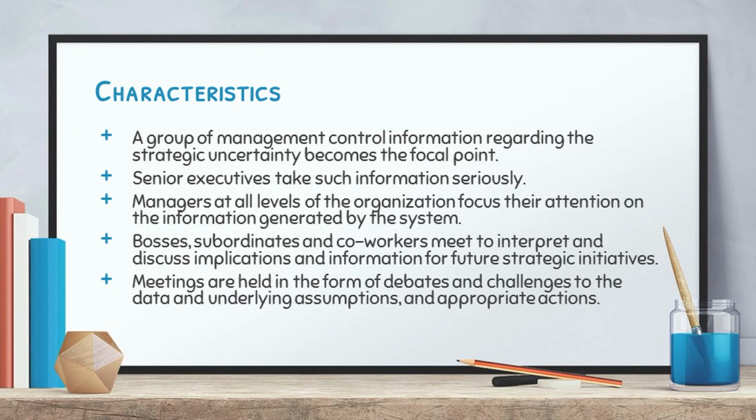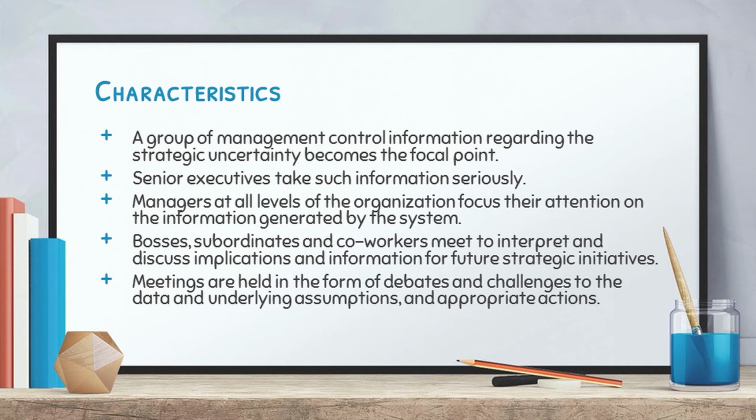And then, interactive control has the following characteristics. First, a group of management control information regarding the strategic uncertainty faced by the business becomes the focal point. Second, senior executives take such information seriously. Third, managers at all levels of the organization focus their attention on the information generated by the system.